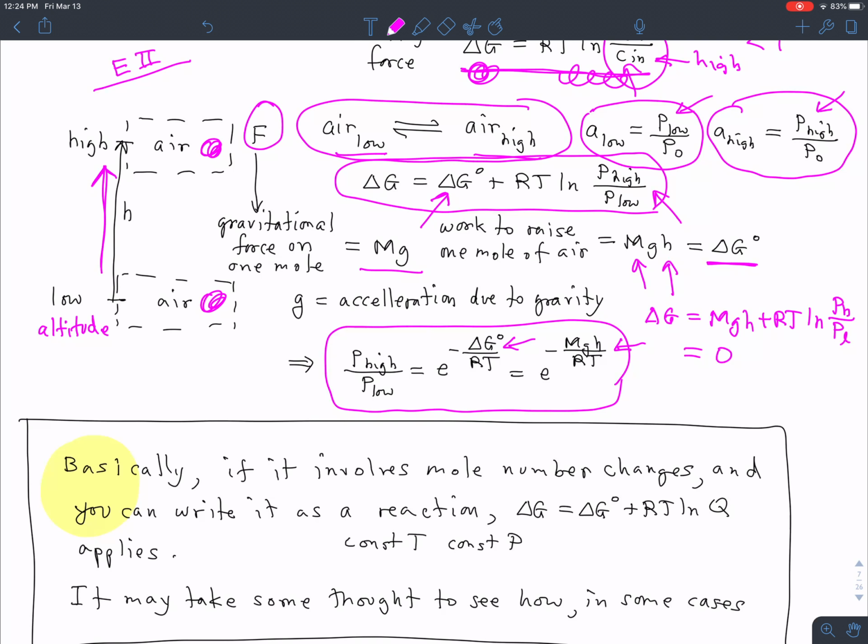But on average, I wouldn't be surprised if the gravitational work that's required to raise air from sea level up to Albuquerque level is the main contributing factor in rather low pressure in Albuquerque, and of course even lower pressure on the tops of high mountains like Mount Everest.